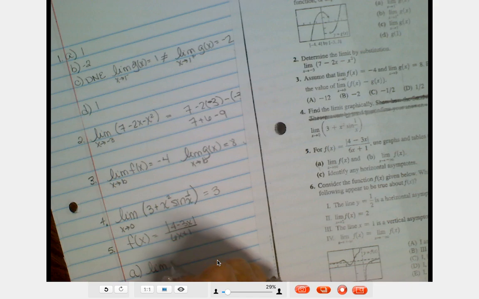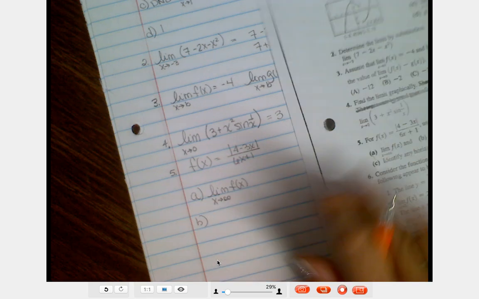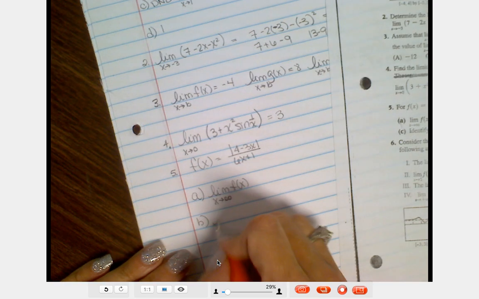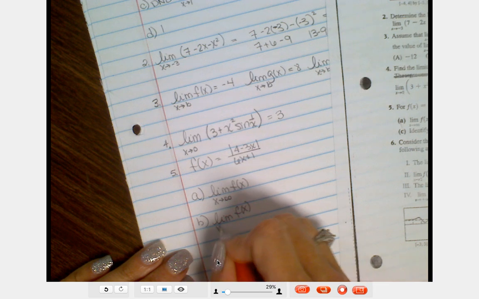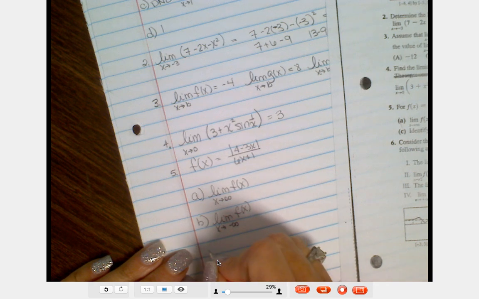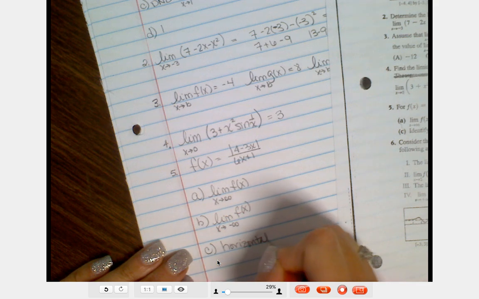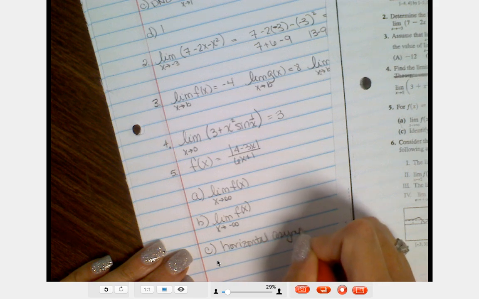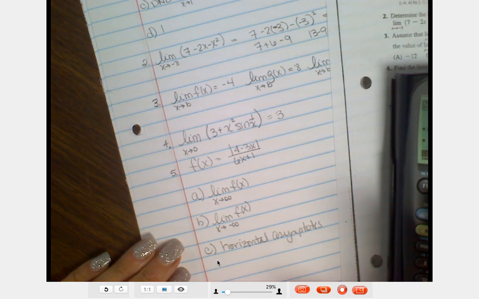The limit of f of x as x approaches positive infinity, b. the limit of f of x as x approaches negative infinity, and c. any horizontal asymptotes. Okay, so I'm going to show you this graphically first.